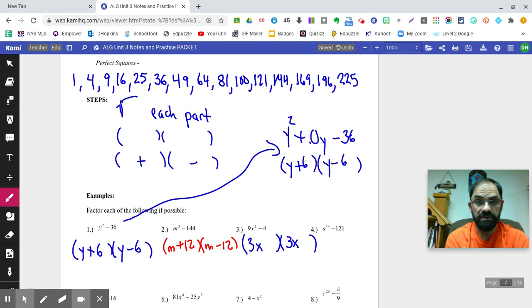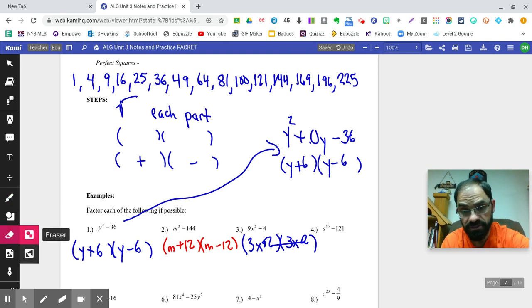Let's see if this pen keeps freezing. Oof. A little much there, a little much. Let's see this.